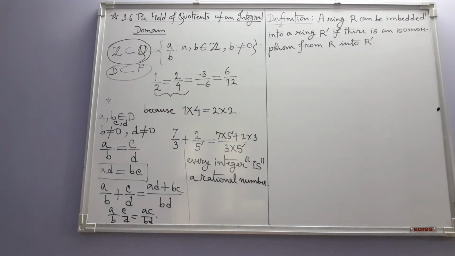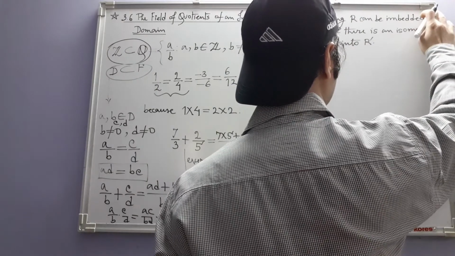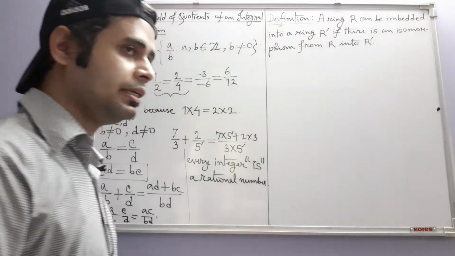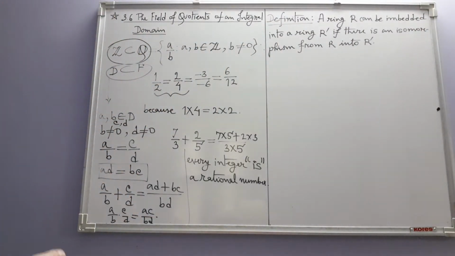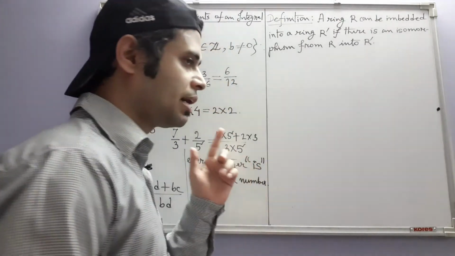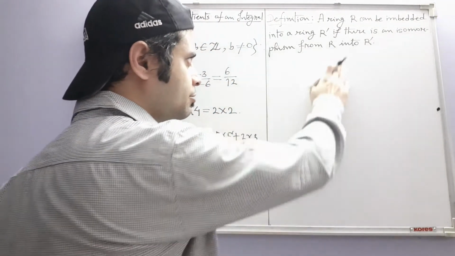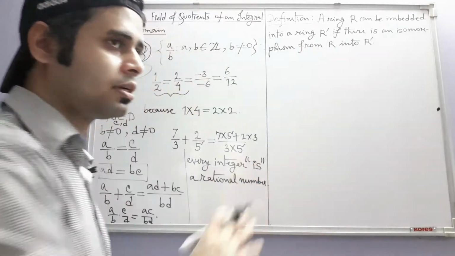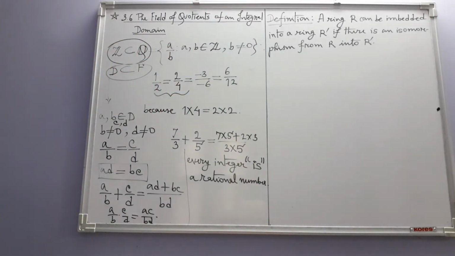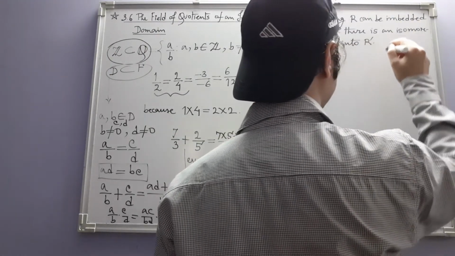So that is the natural definition of embedding. By the way, in this context, the mapping, the isomorphism, will be called an embedding. And we will say that the first ring can be embedded into the second ring. Note that we don't need the function to be onto or anything. It may or may not be. That's not the aim.